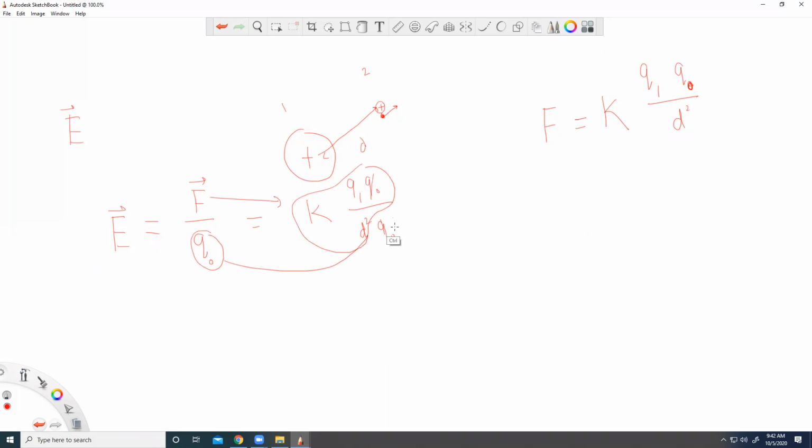So Q naught and Q naught cancel. What is left is E is K Q1 over D squared. So this is electric field, and that's just the magnitude.